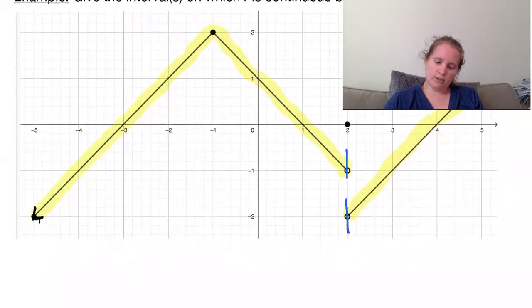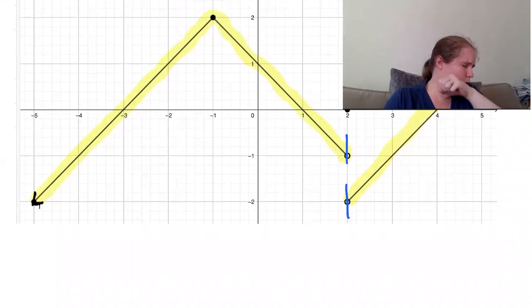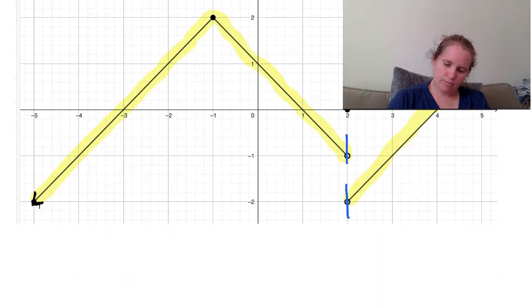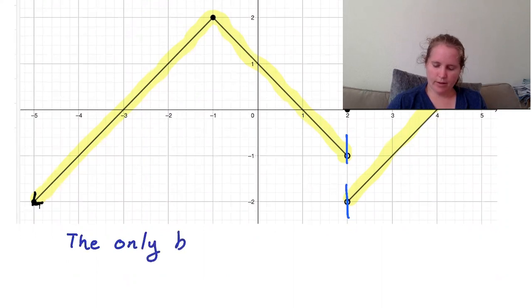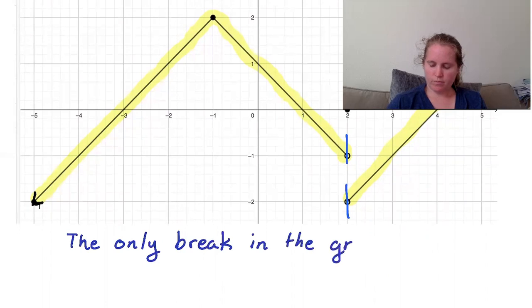So our function, the only break in the graph is at x equals 2.